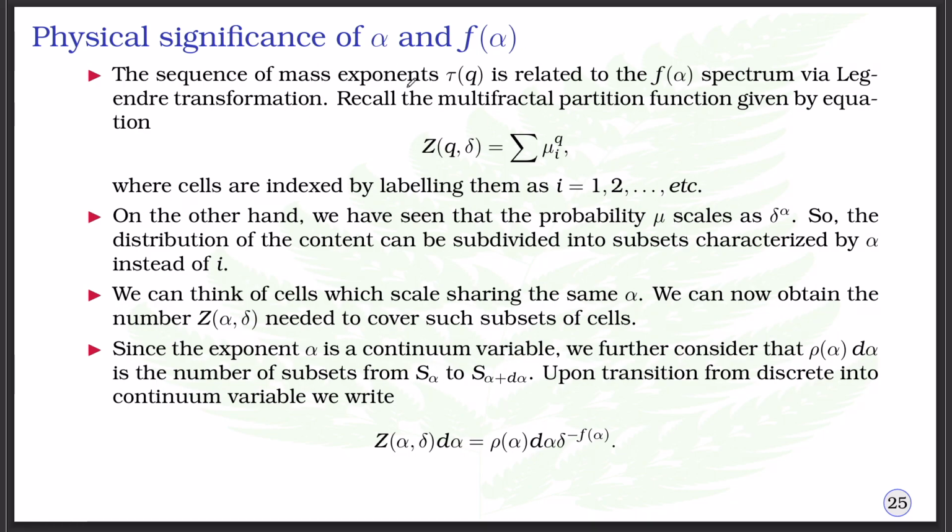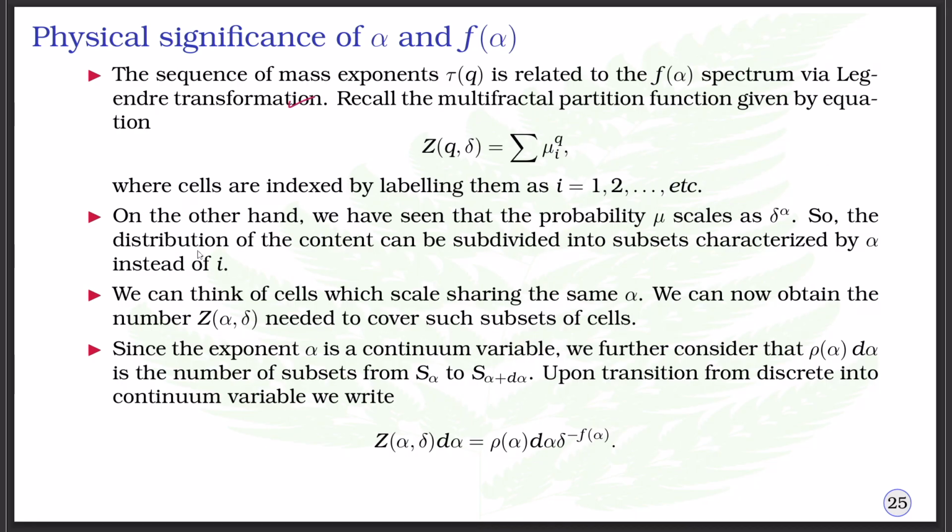The sequence of mass exponents tau q is related to the f of alpha spectrum via Legendre transformation. Recall the multifractal partition function given by xi of q comma delta written as summation mu I power q, where cells are indexed by labeling them as I equal to 1, 2, 3 etc. On the other hand, we have seen that the probability mu scales as delta power alpha.